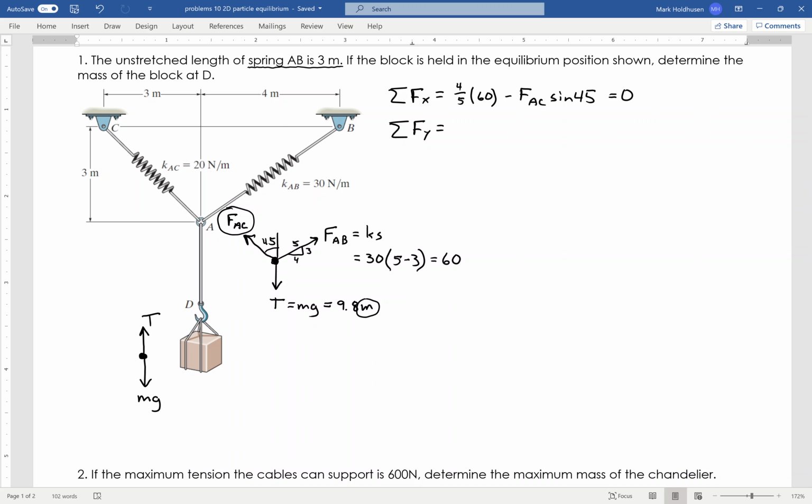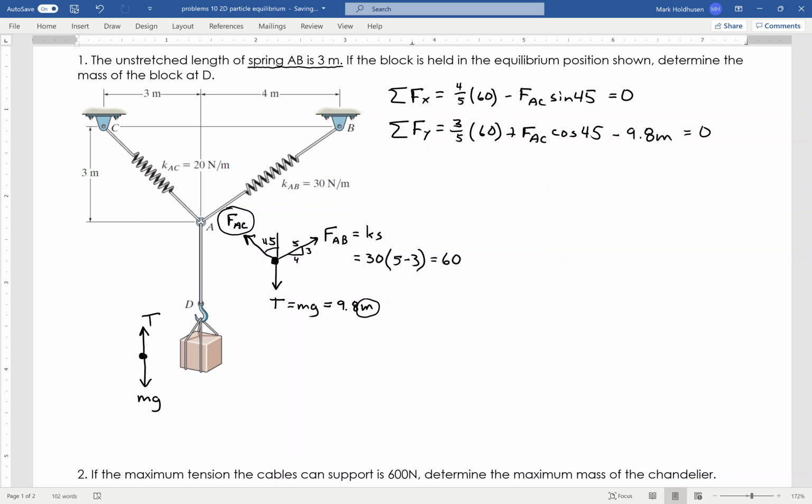Now on the vertical forces, start with my known force. This time it's going to be 3/5 of 60, and it's acting upward, so it's positive, plus FAC cosine 45 acting upward, and then I've got my minus 9.8 times the mass acting down. Those are all my vertical forces. And again, this is an equilibrium, so these also equal 0.